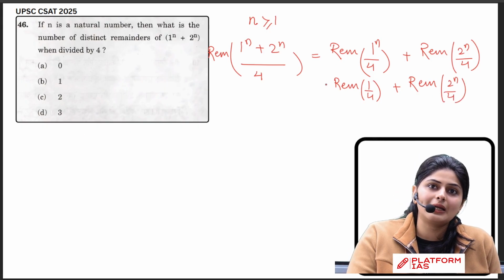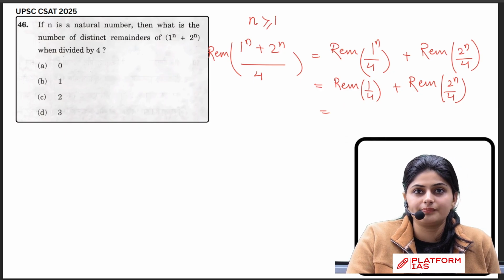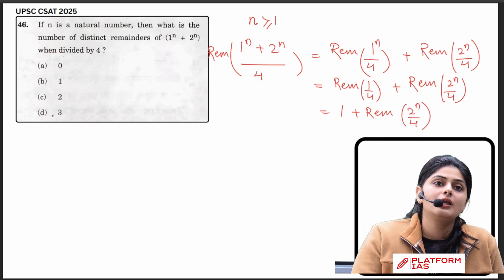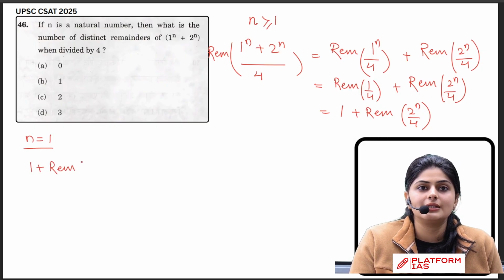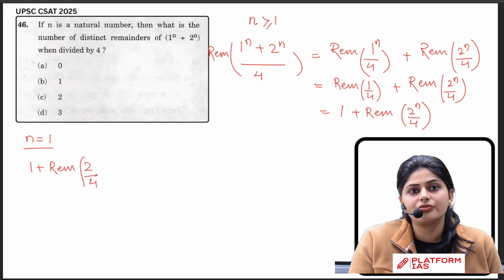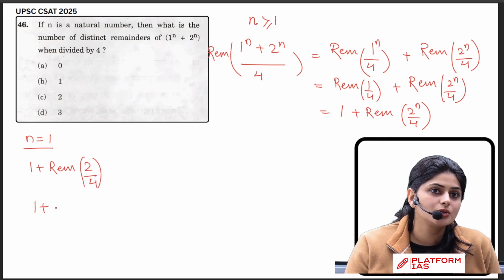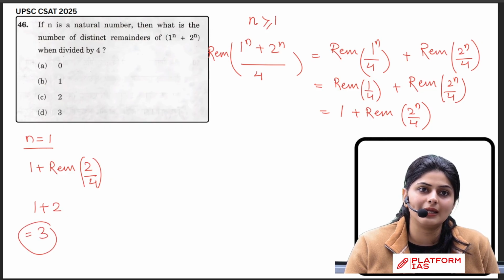Now we'll look separately at these remainders. Remainder of 1 to the power n over 4 will always give me the remainder 1, plus remainder of 2 to the power n over 4. Now if you substitute the value of n as 1, it will become 1 plus remainder of 2 over 4. What is the remainder of 2 over 4? It is nothing but 2. So it will give me 1 plus 2, so the remainder will be 3.